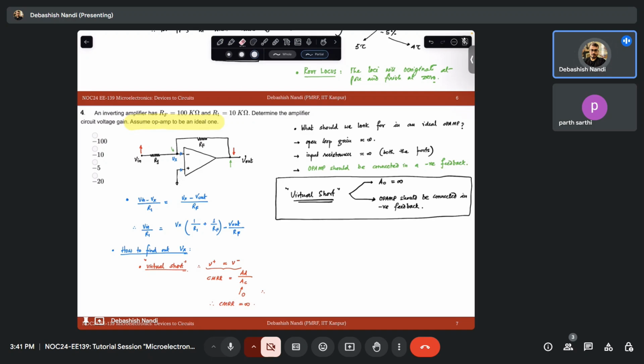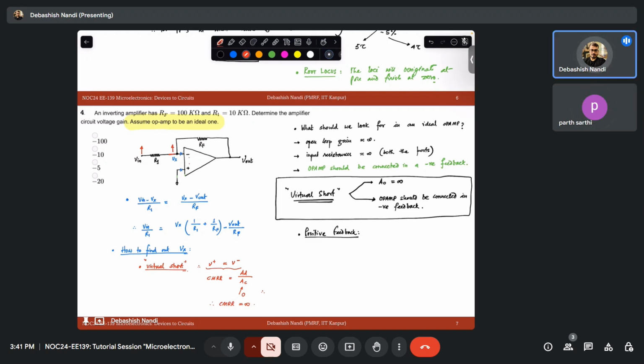Basically what is happening, let me just show. Maybe I have not explained this correctly or clearly. So this voltage you are increasing, right? This voltage is increasing. So now the difference of these two voltages will get amplified.